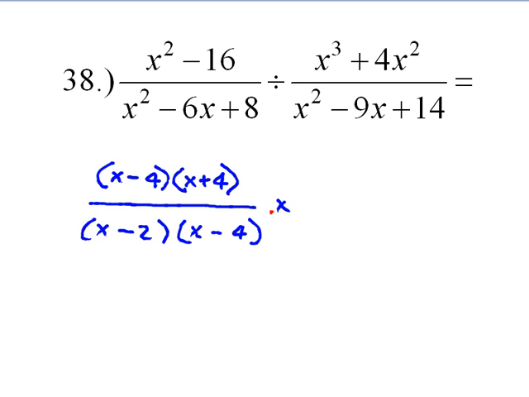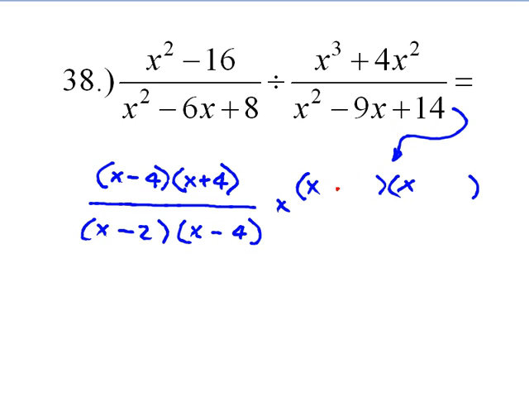Okay, now we're going to factor. We've got to flip this around, so this will be this factor. 13. 2 and 7 again, you think?